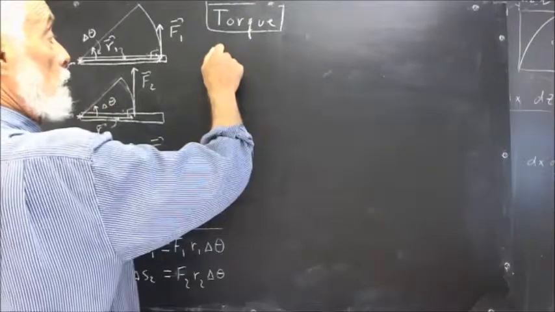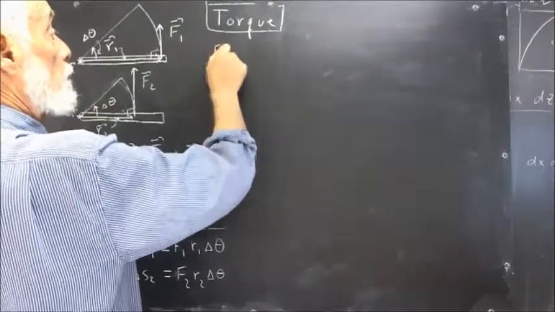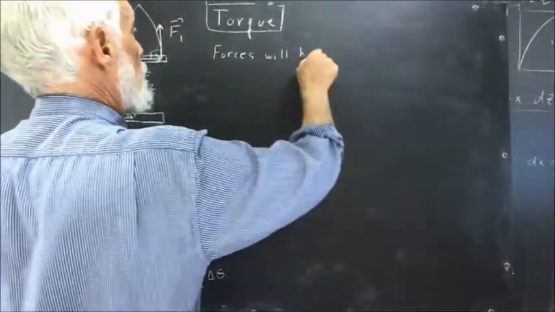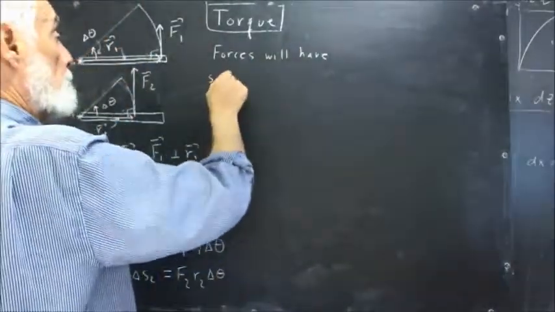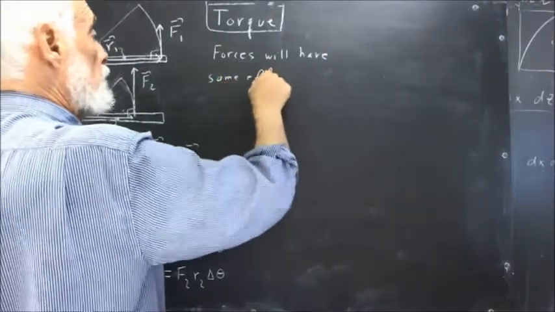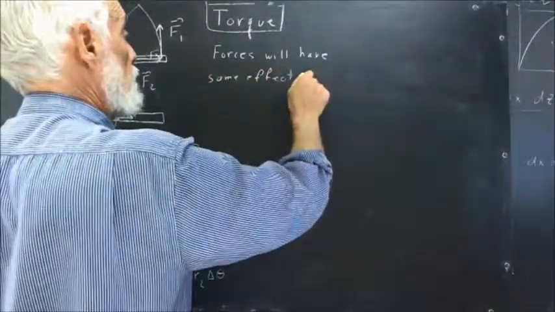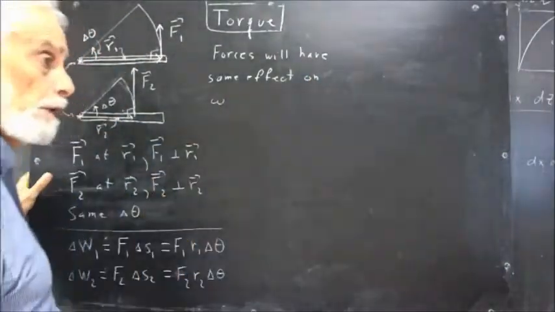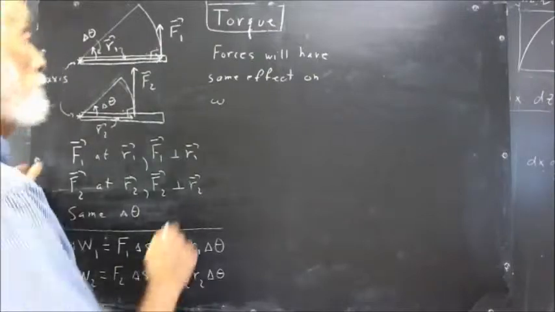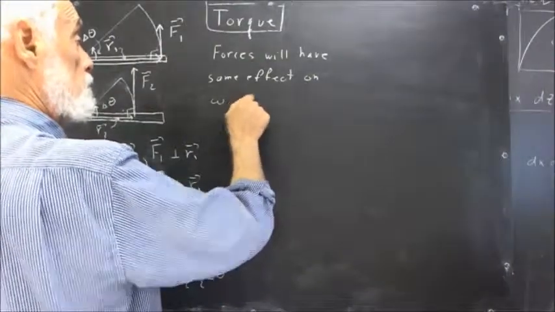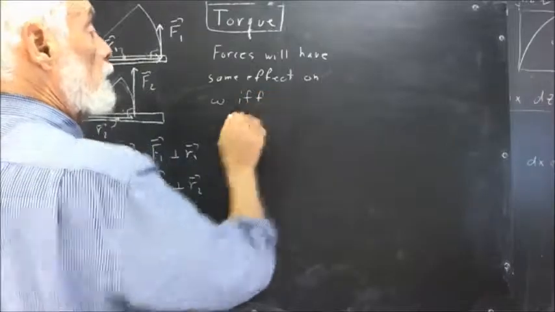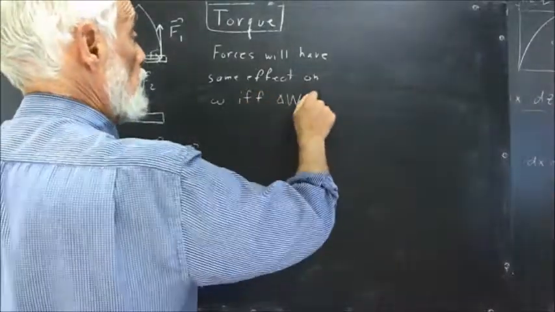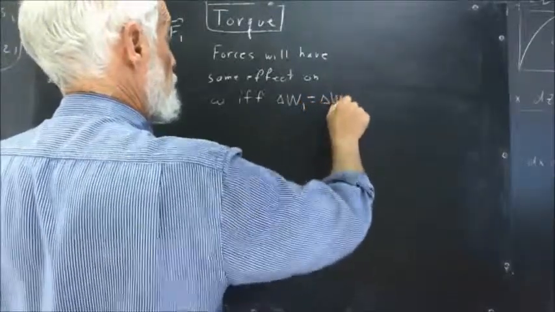Now, the forces will have the same effect on the angular velocity omega if and only if the work done by the first force is equal to the work done by the second force.